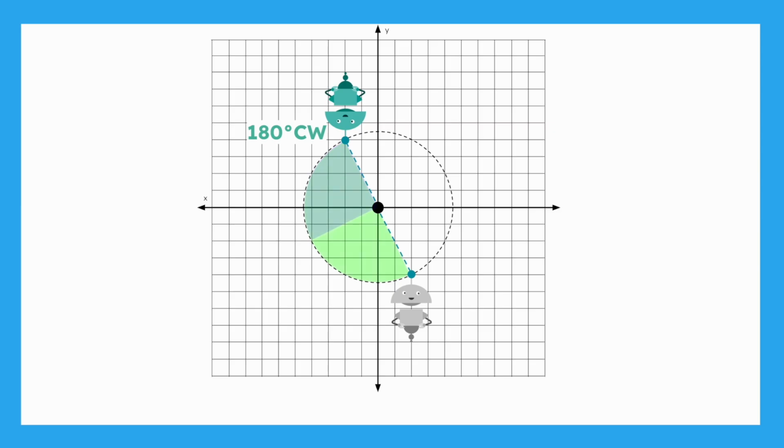We can also see that this is 2/4 of 360 degrees, or simply 2 90-degree clockwise rotations combining to create a 180-degree clockwise rotation. If we rotate Mia clockwise 3/4 of a full rotation, like this, how many degrees would that be?